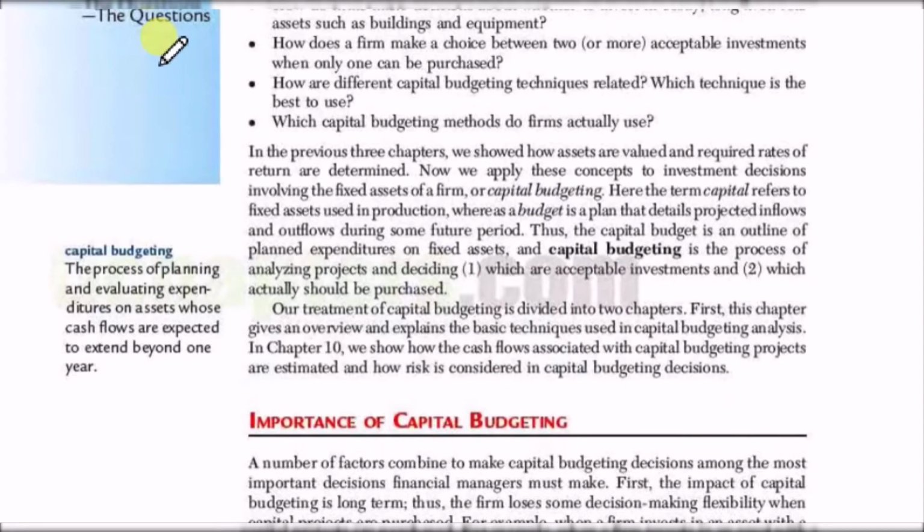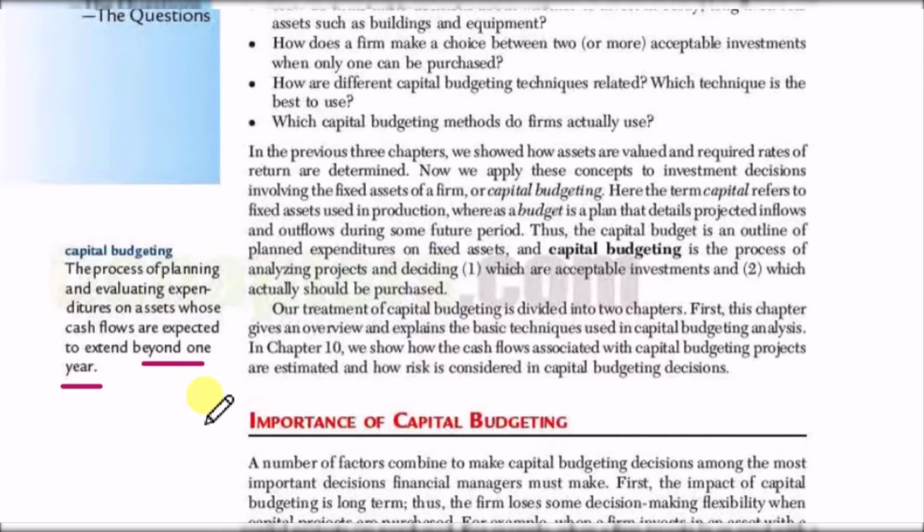First one, capital budgeting. What do we mean by capital budgeting? Actually, capital budgeting is the process of planning and evaluating expenditures on assets whose cash flows are expected to extend beyond 1 year. That is capital budgeting. We know that a budget is a plan for future expenditure, and here we call it capital budgeting.